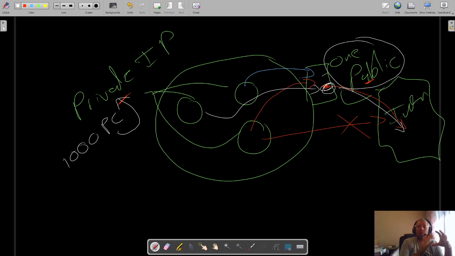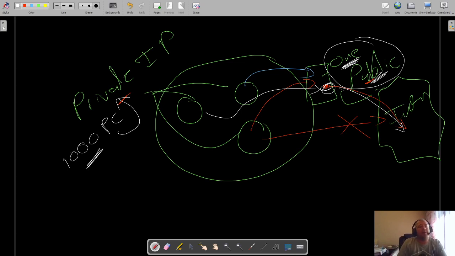We're going to have them all have private addresses in the network, but then as soon as they want to connect to a public network, we'll have a device that will give them one public IP address for all of the private addresses, all the devices inside the network. So now, instead of having 1,000 addresses, we only need to assign one address to that company.